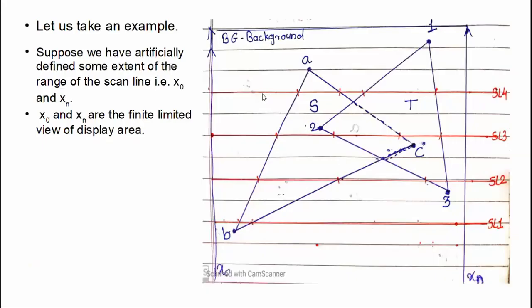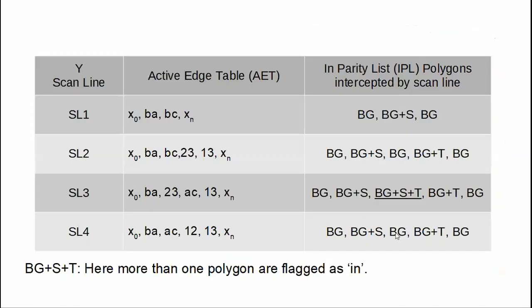Similarly for color, first the background color BG, then polygon S, so BG plus S, again background, this is the outside region. Again this is only polygon T's area, so BG plus T and background. So BG, BG plus S, BG, BG plus T and then BG. In this way.